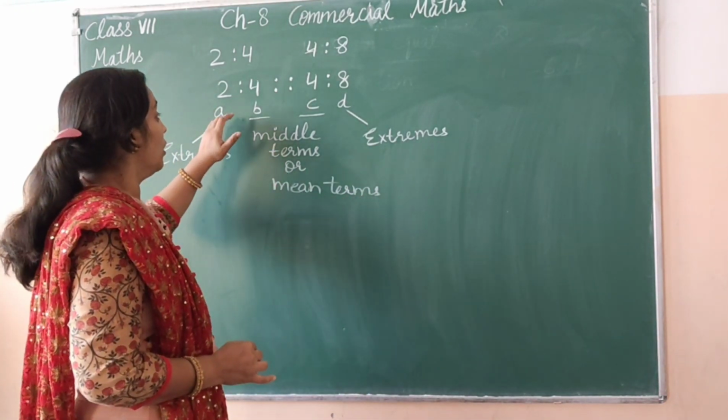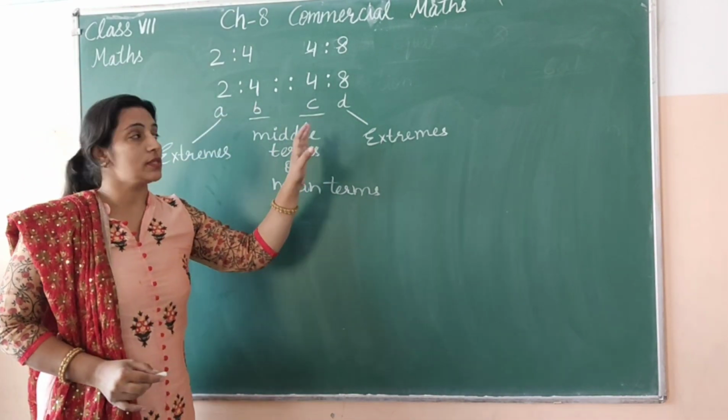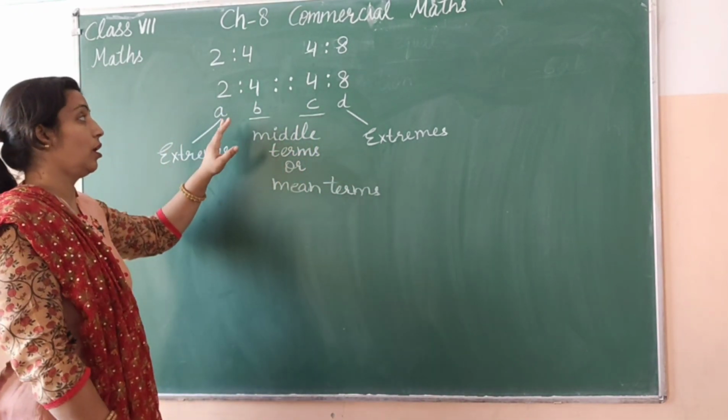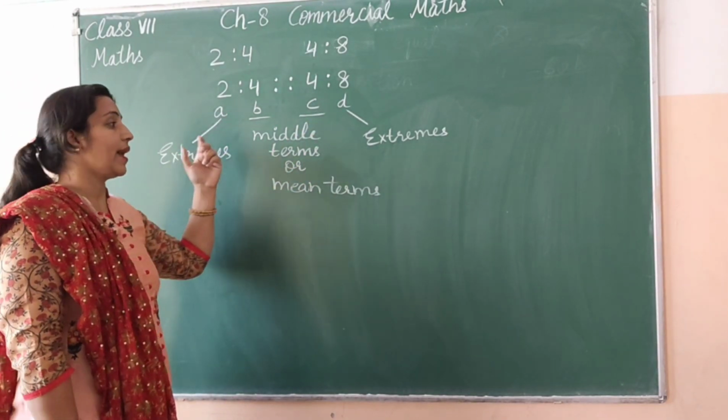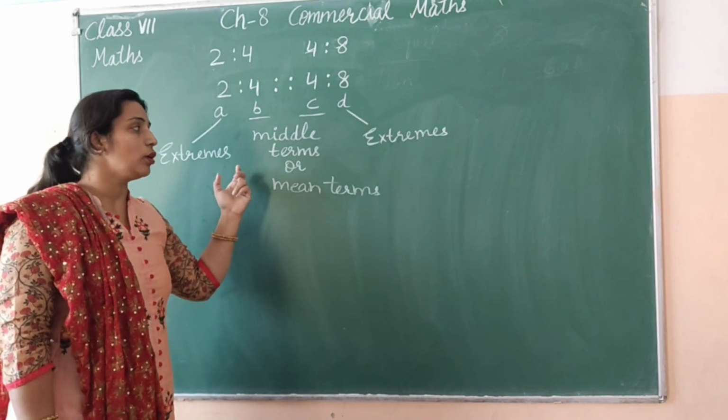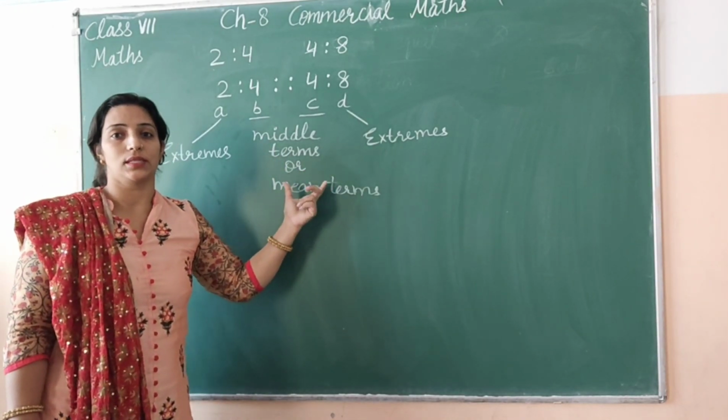Okay? When the ratios are in proportion, then always the product of extremes is equal to the product of means.